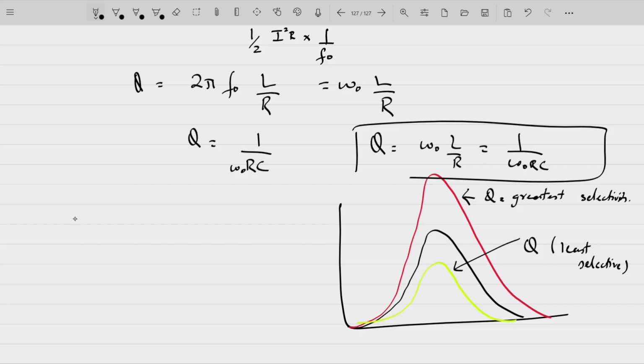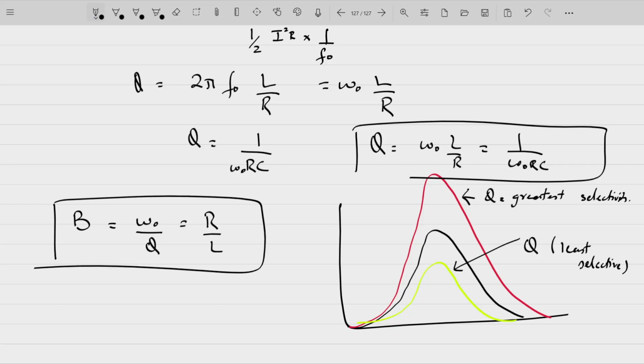Q is also related to B, that is the bandwidth of the system. B is simply equal to omega naught divided by Q. Fine. Or you can say simply this is equal to R divided by L.